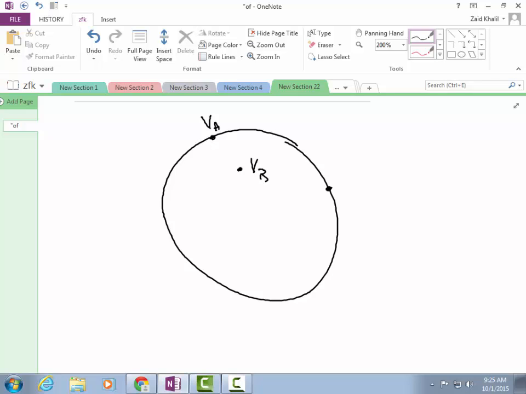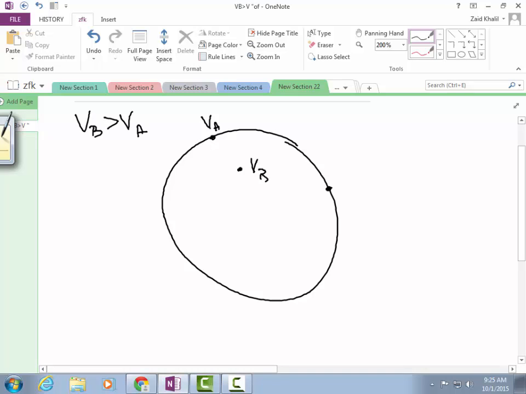If this existed, what would be the consequence? There would be a field, right? Let's suppose VB was greater than VA. So where's the direction of the field? It would be directed inward. But wait a second. What do we know about conductors? That the charges are going to rearrange themselves such that if there is a field, it goes away. So therefore, if you have a conductor, the potential has to be the same everywhere inside the meat of a conductor, no matter what.